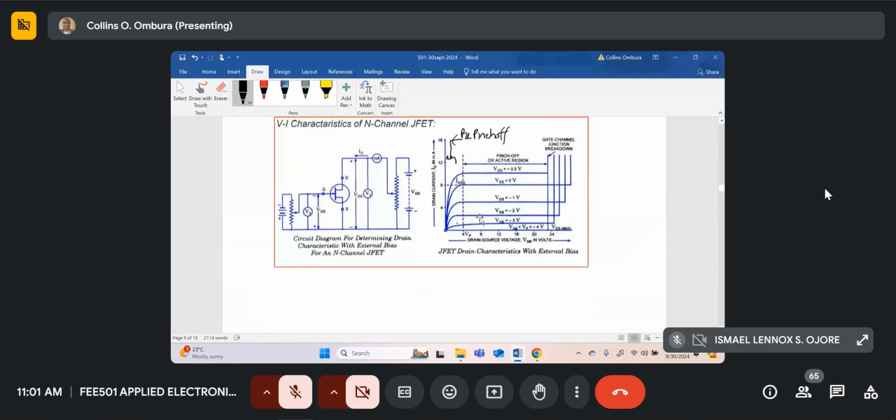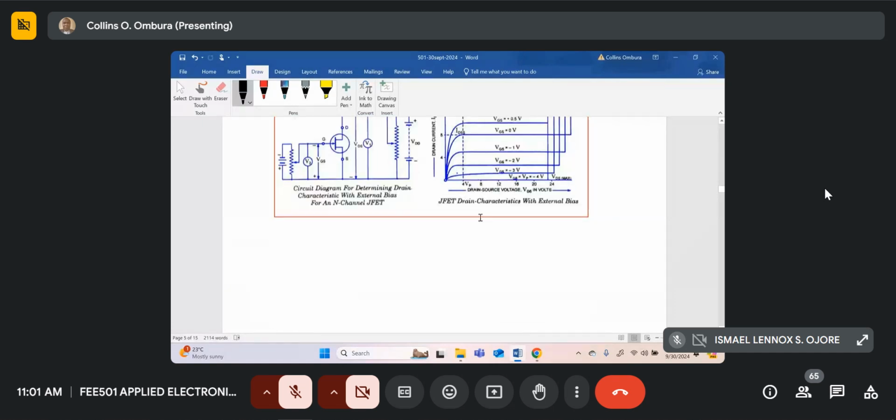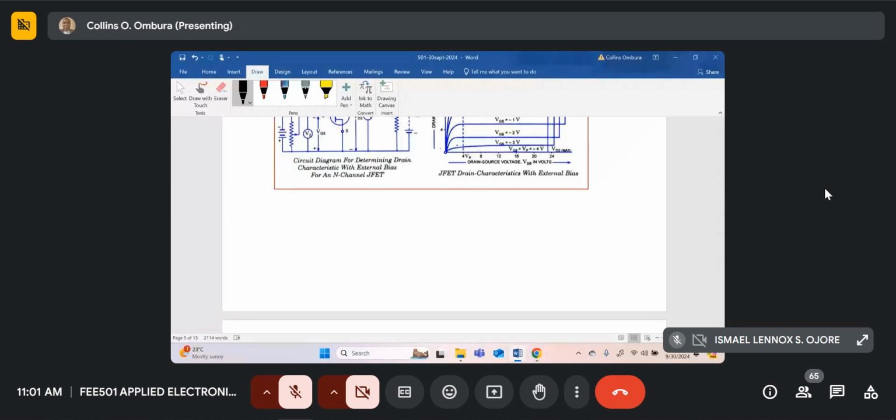I'll just show you. We'll be operating in this region, near the origin, where the voltage across the switch is about 50 millivolts, and the currents will be very, very small.